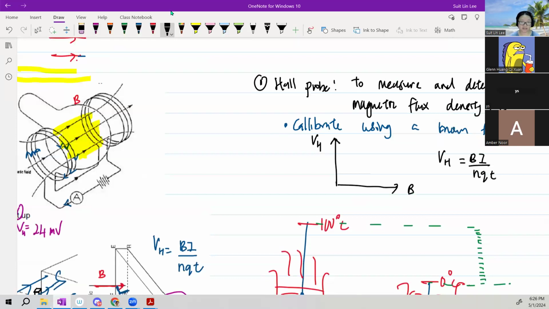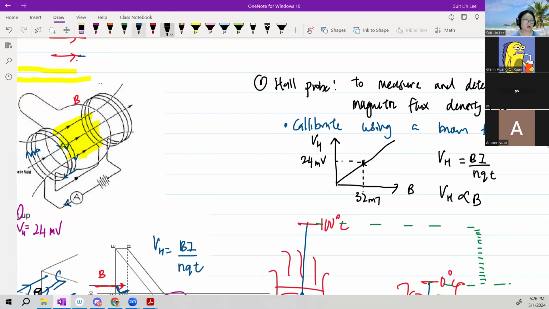For the same device, VH is proportional to B. So you're going to get a straight line. How do I know how to draw a straight line? Very easy. I just find 32 millitesla and 24 millivolt. I draw a cross here and this is my calibration curve, or calibration line.